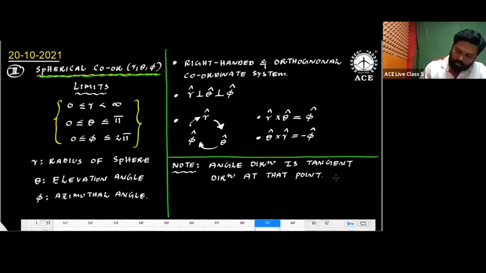Angle direction is tangent direction at that point. Clear? Okay.